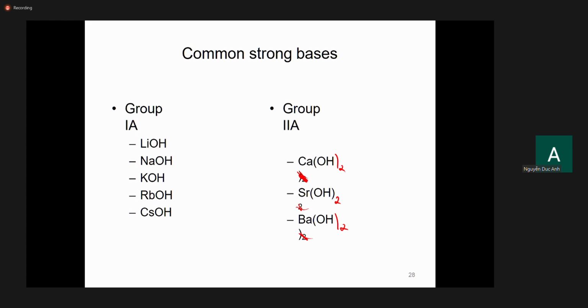This one can be considered a strong base, and they separate mostly 100%, especially for group 1A. For group 2A, it can be considered a strong base as well, but some of them do not really dissolve very well in water.